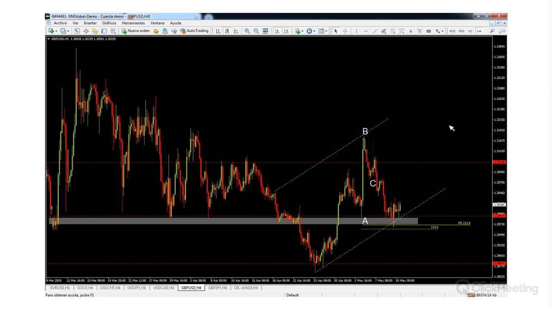We had the trade balance decrease from almost £1 billion, and the GDP increased about 0.5%. So everything that we have just seen points at a high probability buy on the GBP USD.